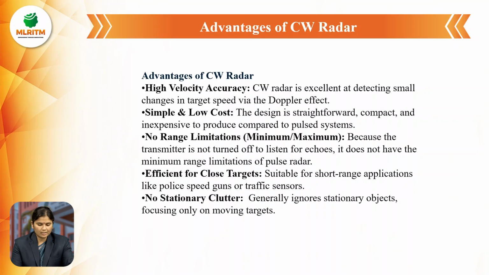No range limitations, because the transmitter is not turned off to listen for echoes, so it does not have the minimum range limitation of pulse radar. Efficient for close targets: it is suitable for short range applications like police speed guns or traffic sensors. No stationary clutter: it generally ignores stationary objects and focuses only on moving targets.